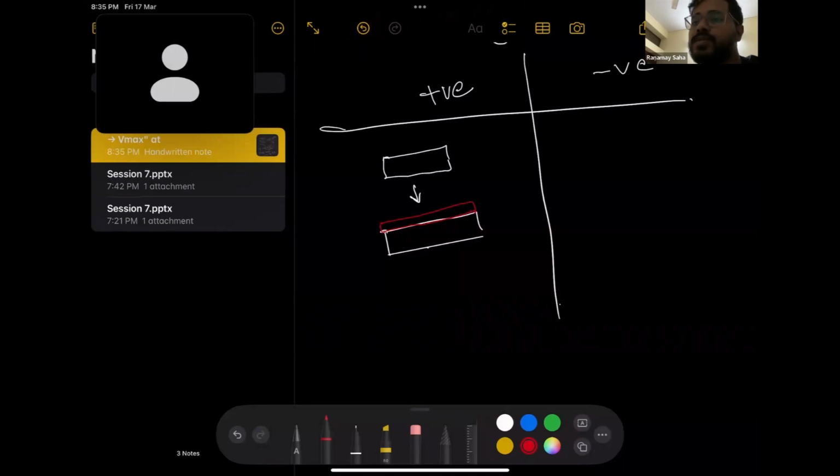Okay, so this is your resist coating, and this is your substrate.